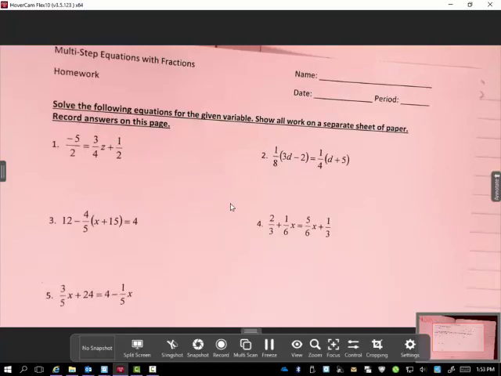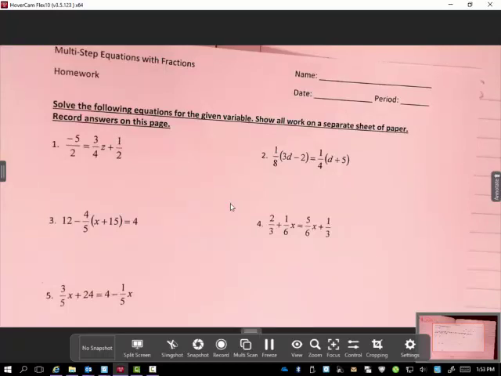Show all work on a separate sheet of paper. Record your answers on this page.